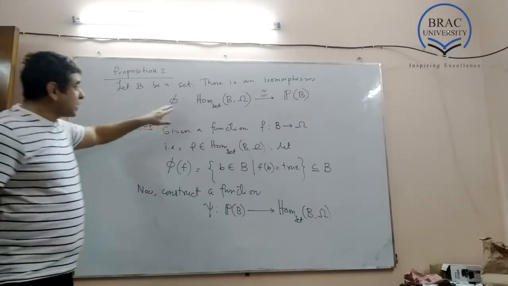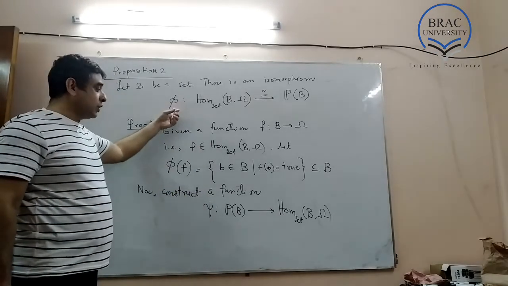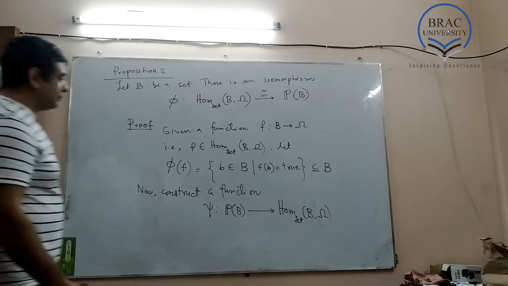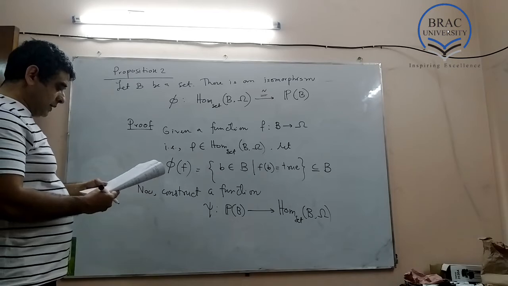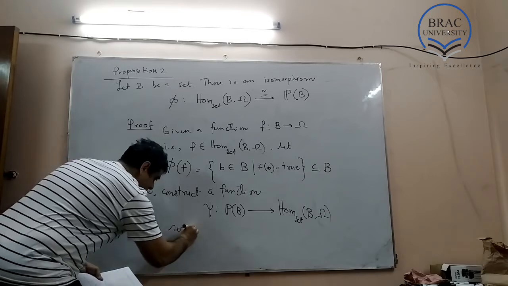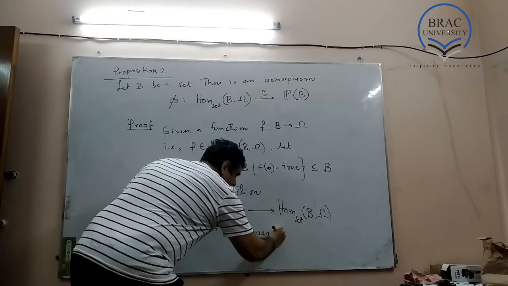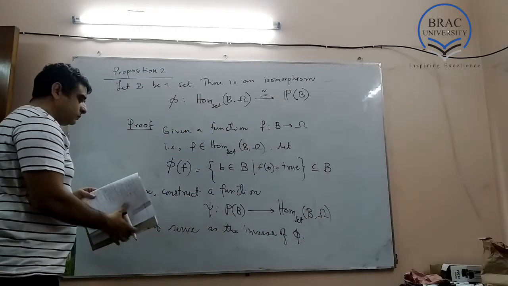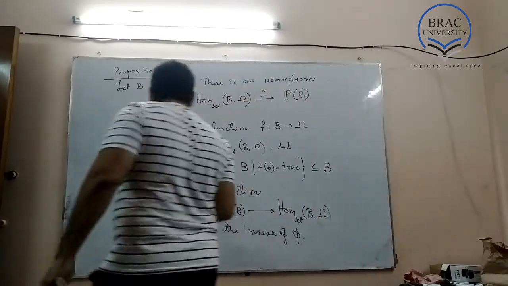So we want to construct an inverse of phi. The codomain of phi will now be the domain of this new function psi. Well, we need to define psi as well. We construct a function psi to serve as the inverse of phi. So it needs to be constructed.